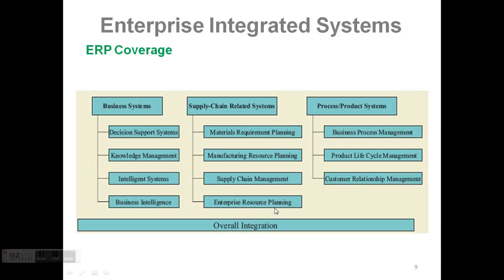And finally, in business process management, product life cycle, and customer relationship management. So it is targeting a very wide range of systems and services provided by these systems throughout all the stakeholders and roles throughout the organization.